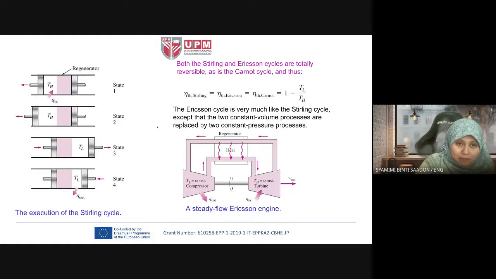Okay, that is the best part about this Stirling cycle, because we don't need to conduct the combustion process inside the engine. Okay, as long as we have a finite temperature difference between the head of the Stirling engine and the heat source, the engine can run externally.